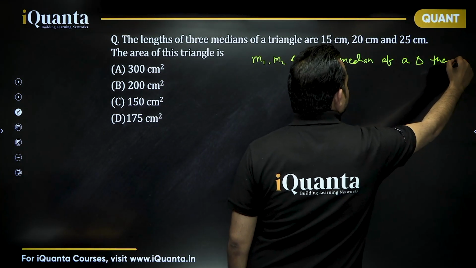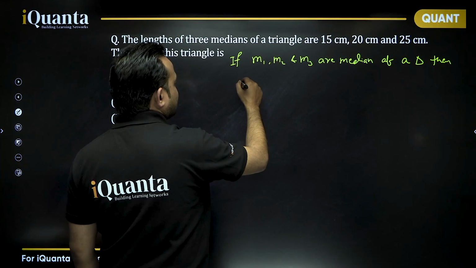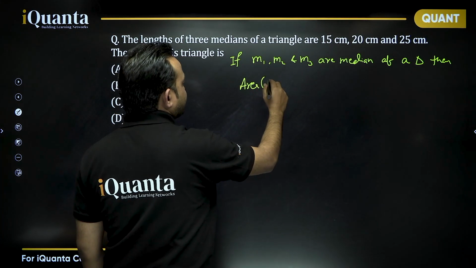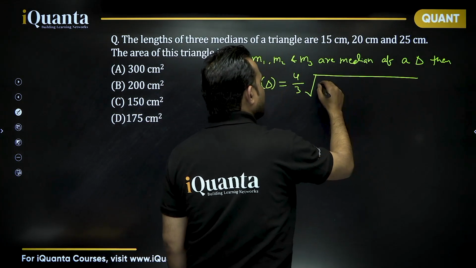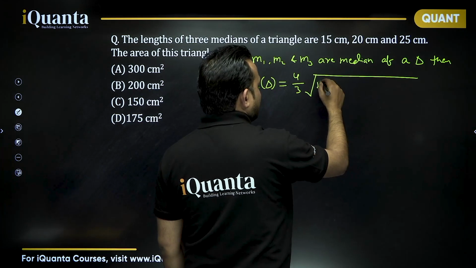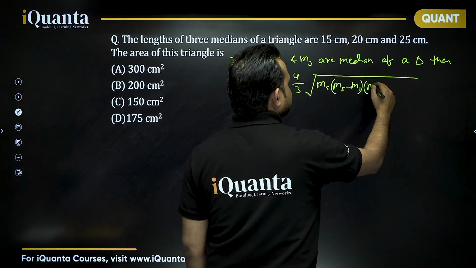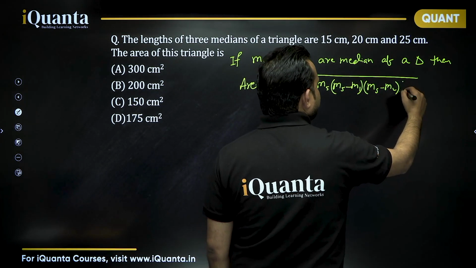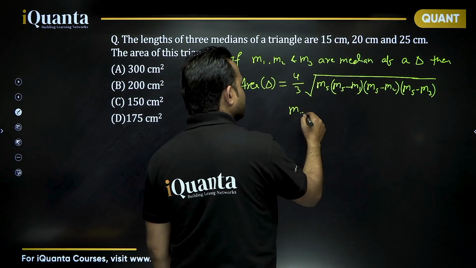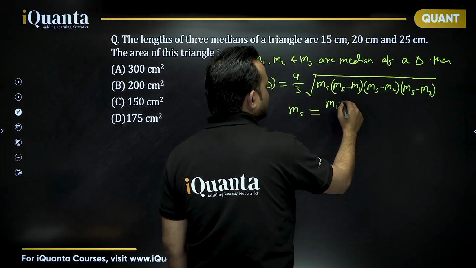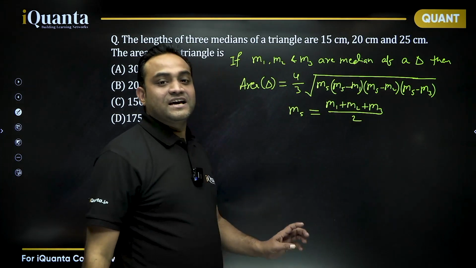Then the area of that triangle will be equal to 4/3 square root of MS into (MS minus M1) into (MS minus M2) into (MS minus M3), where MS is nothing but (M1 plus M2 plus M3) divided by 2, just like Heron's formula.